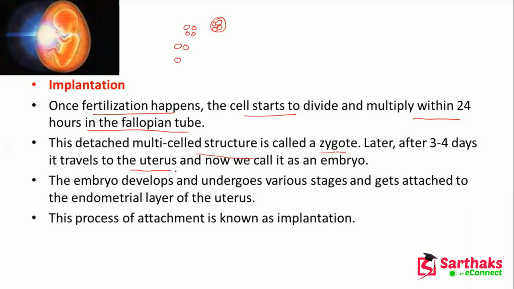Whenever it is inside the uterus, we can call it our embryo. The embryo develops, undergoes various stages, and gets attached to the endometrial layer of the uterus. This process of attachment is called implantation.